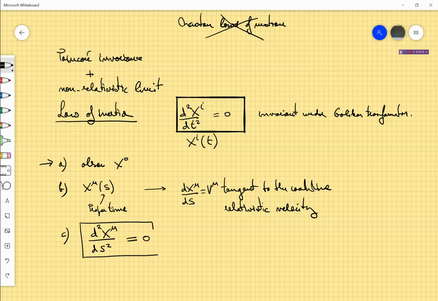Since S is invariant, if x mu transforms linearly, this whole thing transforms linearly. So let me write it explicitly. You have dx mu prime over ds squared, and this is a general Poincaré transformation. You will have just this.